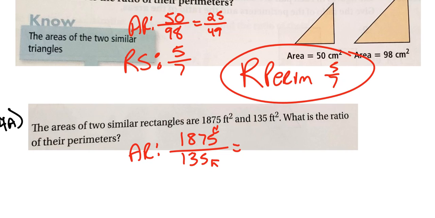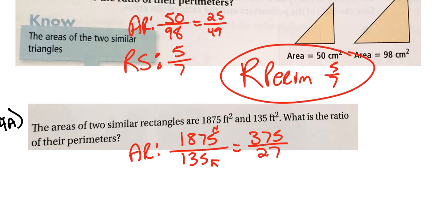So I'm going to do 1875 divided by 5, which is 375, and 135 divided by 5, which is 27. All right. I know 27 isn't a perfect square, so I can still reduce this, or I would have to in order to not get a crazy decimal.